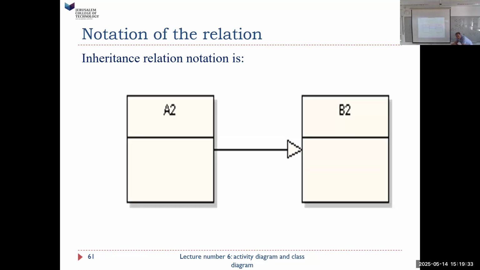Which means all the qualities of B2 exist in A2, but A2 has more things. Therefore, sometimes it's called a specification, and B could be called a generalization. For example, you could argue that there's no such thing as an animal.